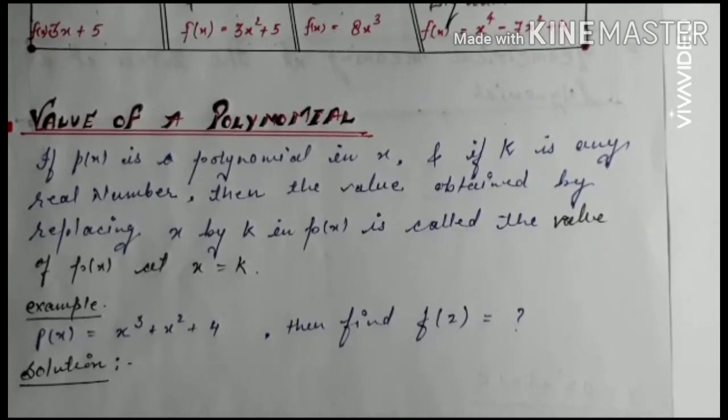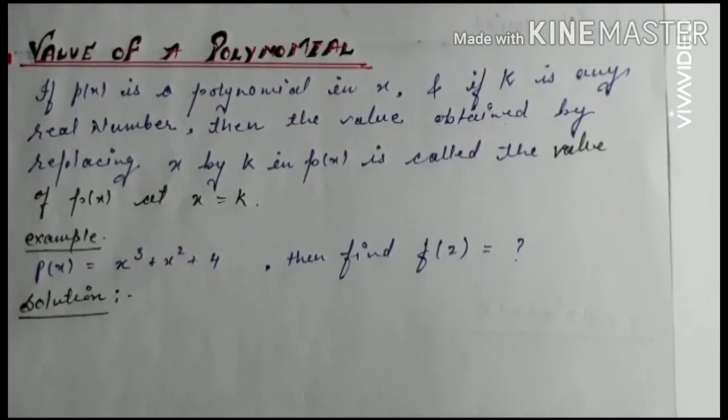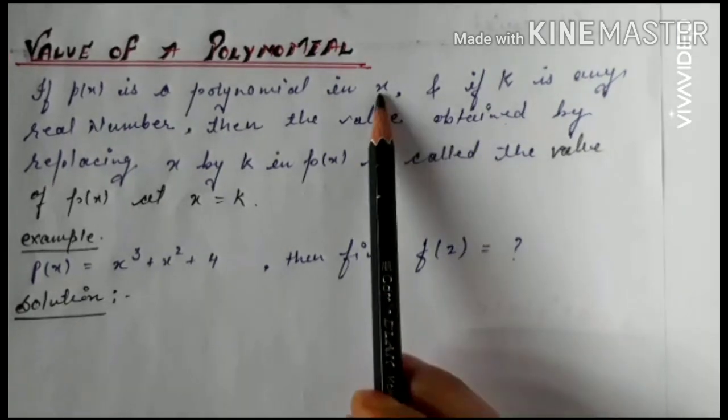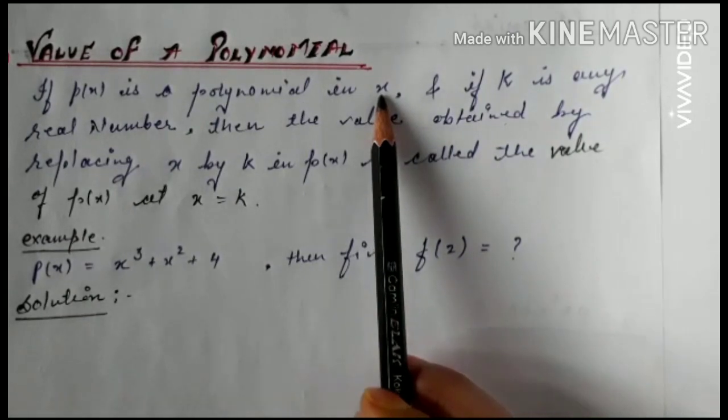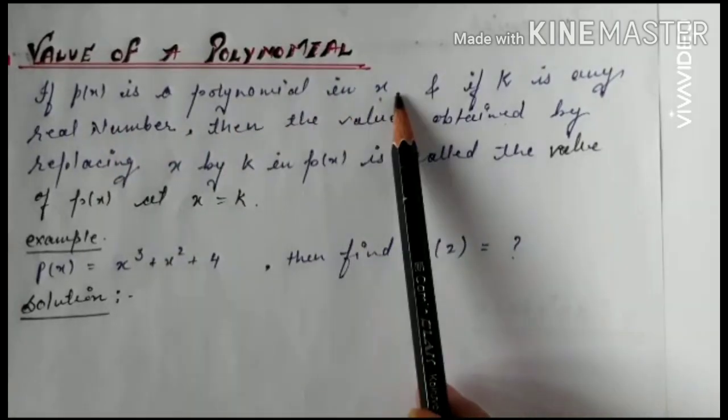Value of a polynomial. So, what is the value of a polynomial? Suppose p(x) is a polynomial in the x variable. If p(x) is a polynomial in x, it can also be in any other variable, such as y or t, whatever is given.